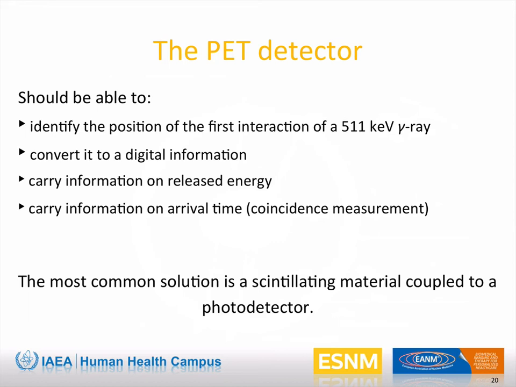Many technological solutions borrowed from other fields of physics have been adapted for use in PET, from wire chambers to solid-state detectors. However, the most common solution for a PET detector is, as of today, a scintillating material coupled to a photodetector system.